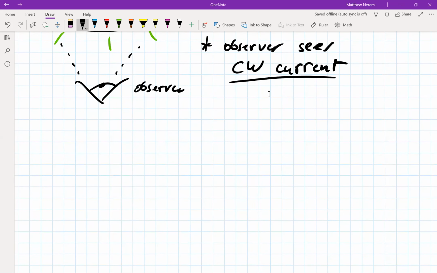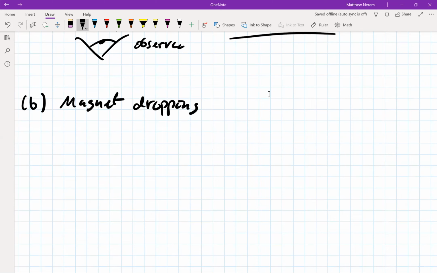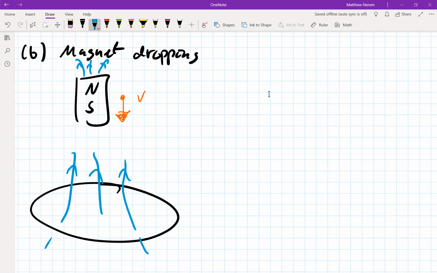So let's keep going. Let's do part B. In this case, it's the magnet dropping. So we'll redraw everything. Here's north, here's south. It's this guy that's moving now with some velocity. And here's our loop. So same magnetic field, it'll be doing something like this.